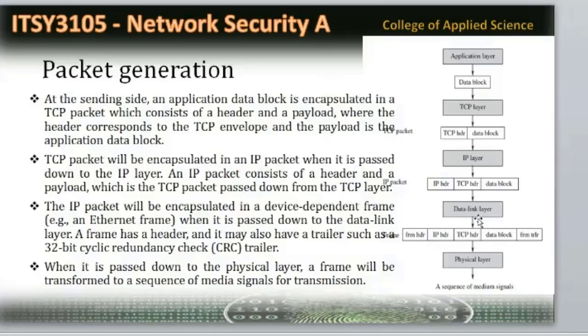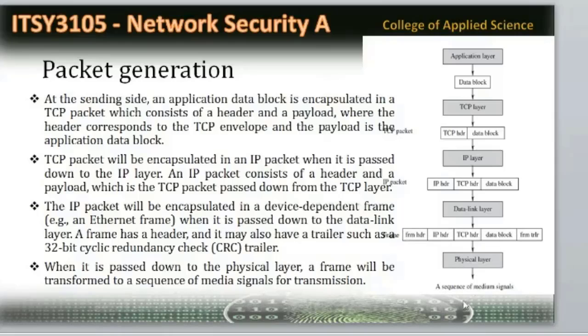In the next layer, I take the data block, the TCP header, and the IP header. With this, I'm going to add one more header, the frame header and frame trailer, at the beginning and also at the end. I explained only the beginning to make it easy to understand. So they add the frame header and frame trailer, and now this becomes a frame.